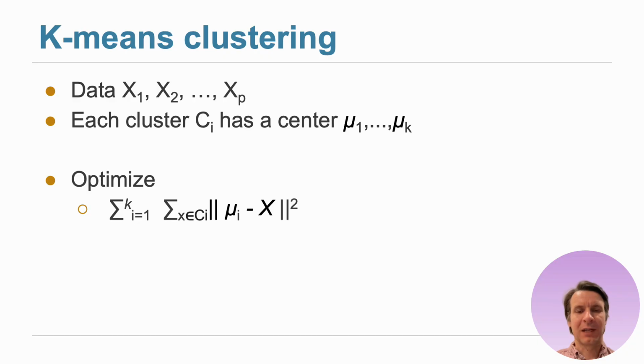Let's say mu i is the center for cluster i, and I will go over all data points that I assign to cluster i, and calculate the difference of the point from the center of the cluster it belongs to. There is the difference norm squared, so we are calculating the distance: how far is the point from the center of the cluster it belongs to? We want to optimize it, and by optimizing, we want to minimize this quantity.